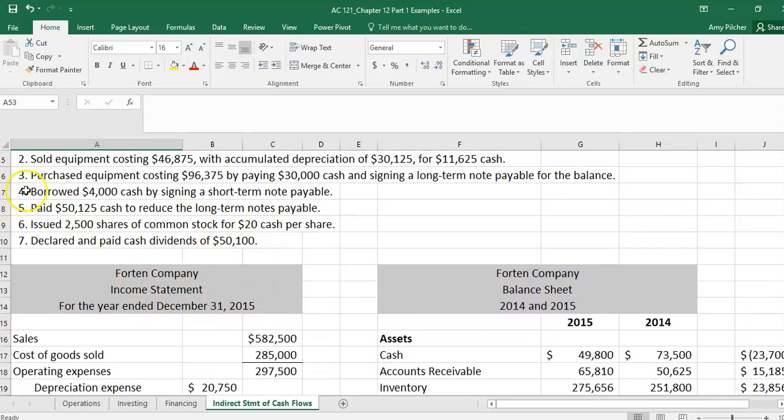So we see that items 4 through 7 all go in our financing section, starting with that $4,000 cash from the short-term note payable.